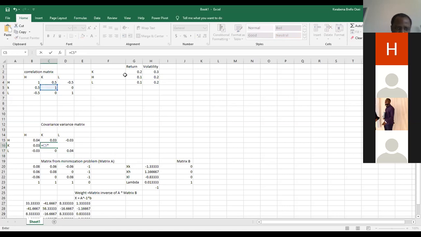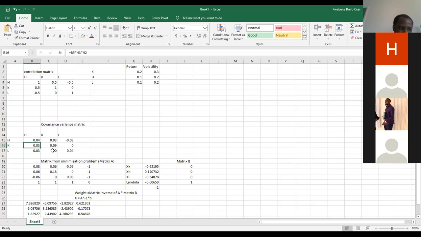Kusai, you have to put the volatility as well in the same sequence, HKL. Yeah, that's what I'm trying, so we don't get confused. So this one and this one are the same, and this and this are the same.